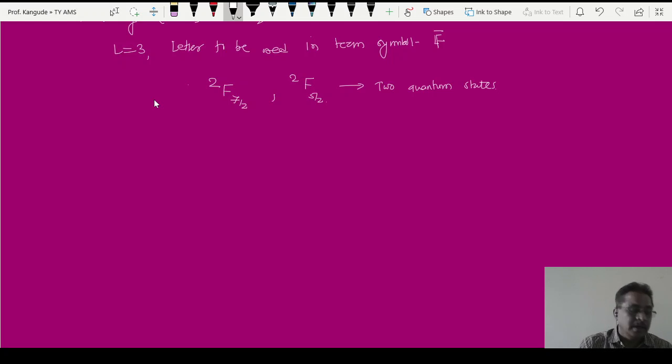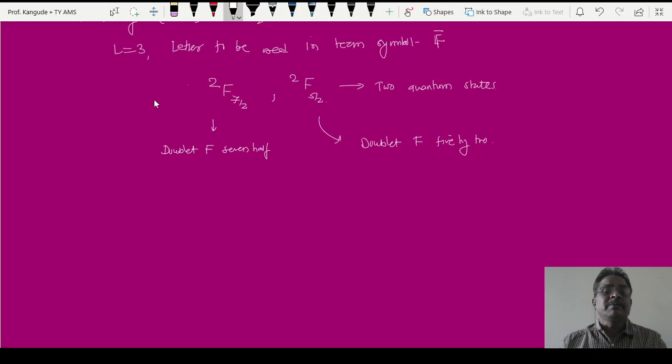They have to be read as doublet F 7 by 2, and this is to be read as doublet F 5 by 2. Doublet F 5 by 2 or doublet F 7 by 2.